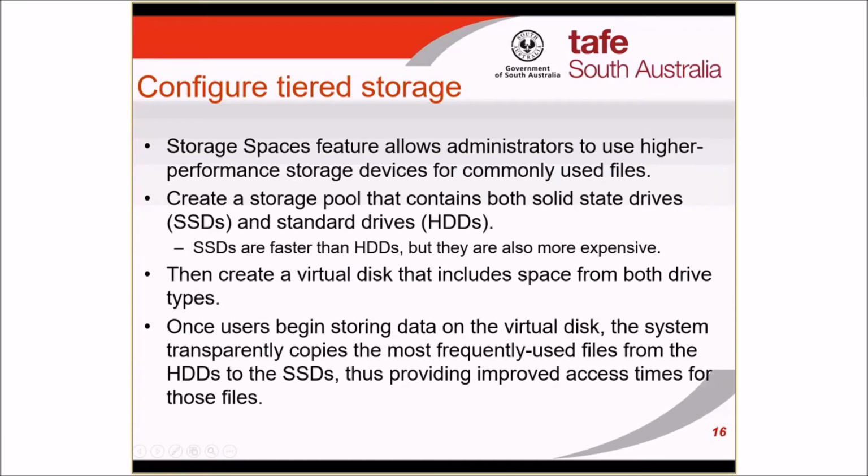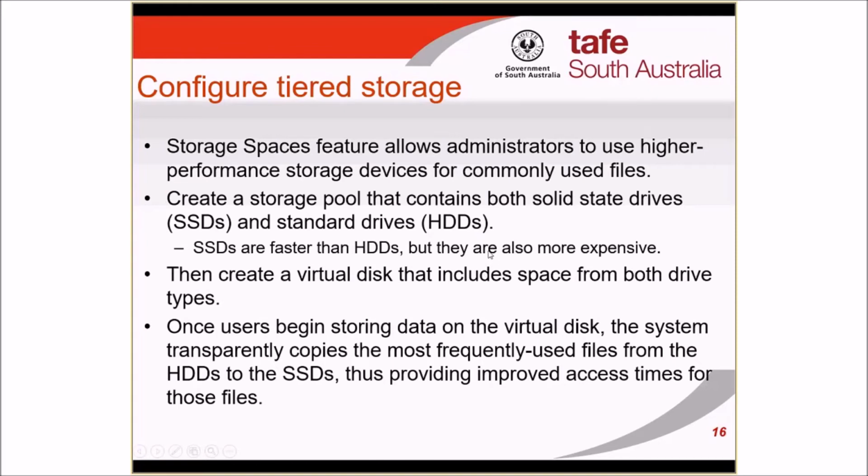Storage spaces features allow administrators to use higher performance storage devices for commonly used files. So this is getting at the idea of tiered storage. We can set up tiered storage so that commonly used files, or files that need high performance, can be stored on SSDs, whereas less commonly used files might be stored on the normal regular hard drives. Why is that?